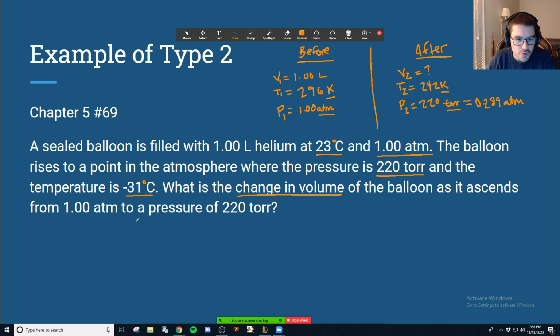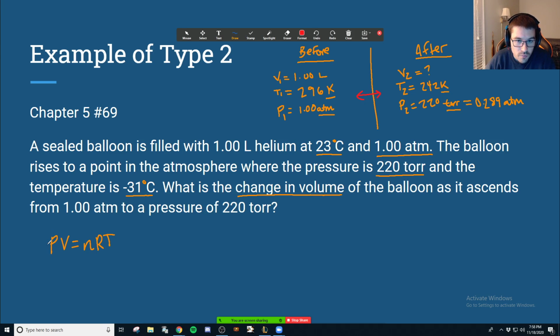Each time you're doing a changing conditions problem, I want you to take the ideal gas law, write it out, and underline the variables that are going to be constant, unchanging between your conditions. What is constant in this equation? Well, you can see here, your volume, temperature, and pressure are changing.